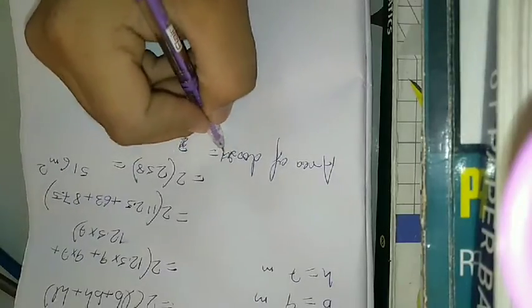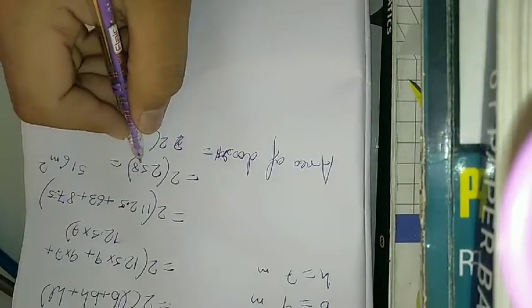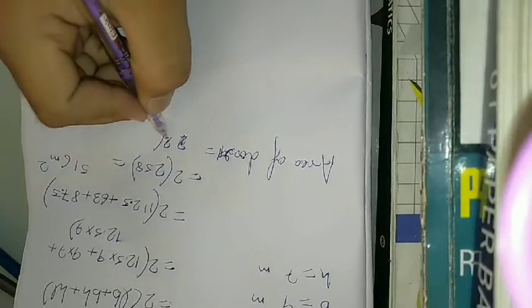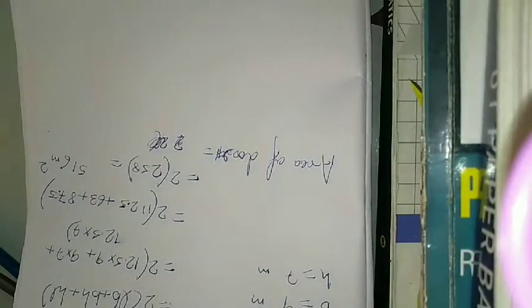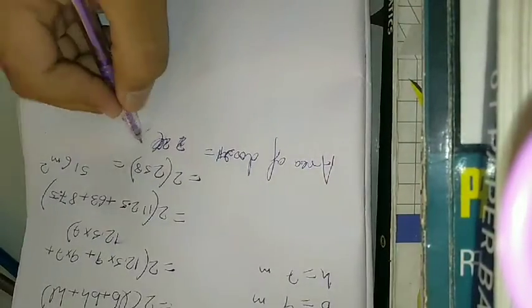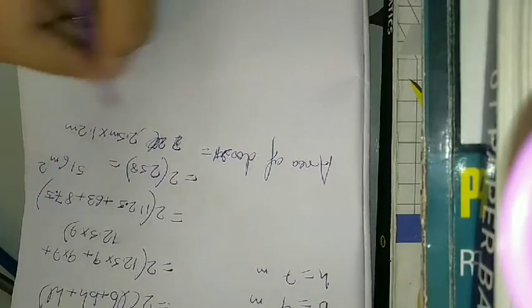Let's calculate the area of one door first. This is a door, so these are rectangular doors, right? So we just need to multiply the length and breadth. For a door, they have given 2.5 meter multiplied by 1.2 meter.